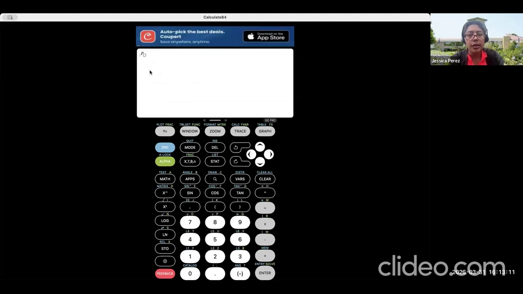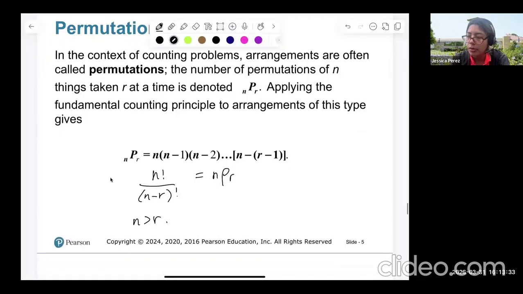So you're going to tell it nPr. Then you're going to move the cursor and put r. So n is going to be a value, r is going to be another value. n is always going to be greater than r because n is the sample space and r is the selection. So n is strictly greater than r when we're looking at a permutation.